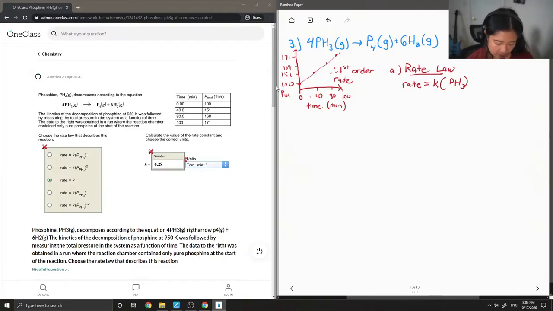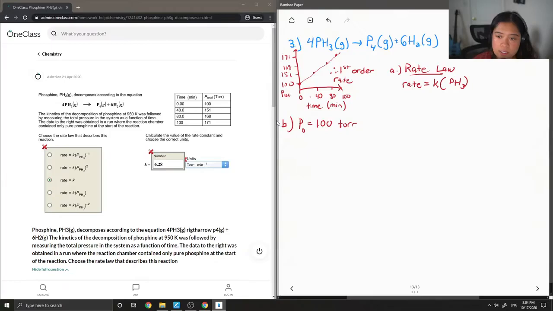Okay, so next, I'm just going to write down everything that we know. So bear with me while I do this. So our P initial, which is the pressure that we had at the beginning of the experiment, is 100 torr.